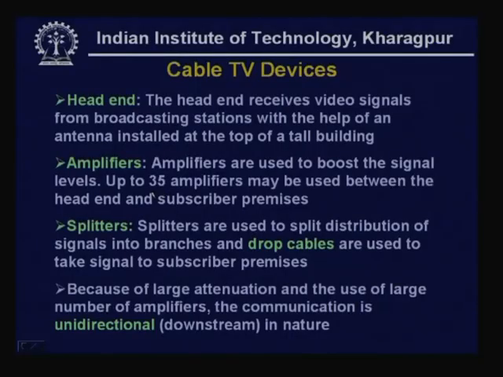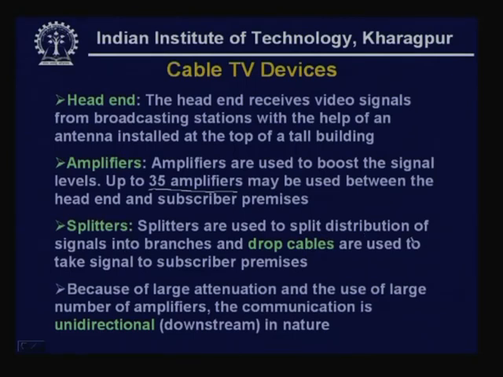To improve the signal level, you have to use amplifiers, and you can use up to 35 amplifiers in cascade between the head end and the subscriber premises. So, a large number of amplifiers may be required to provide service to a large number of buildings, to a large number of users. Then you have got splitters.